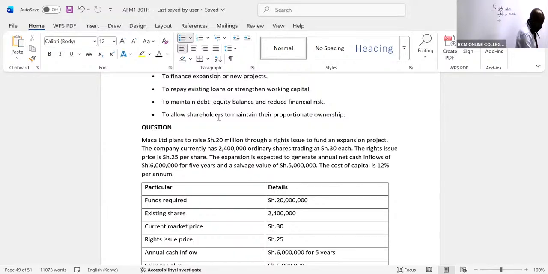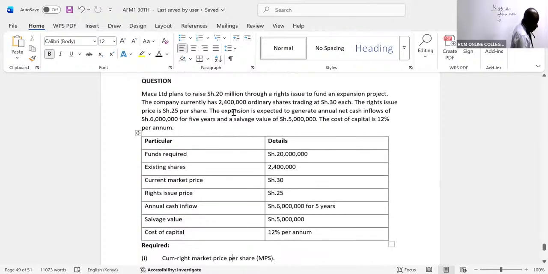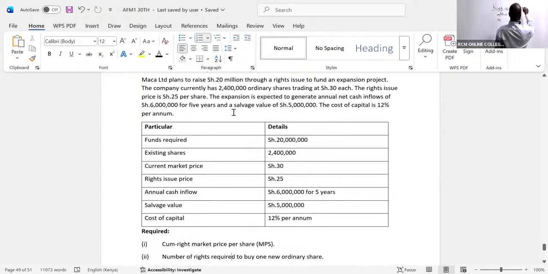So you can just summarize this by writing down this table as an exercise. We say funds required. How much do we require in total? 20 million, right? We require 20 million in total.